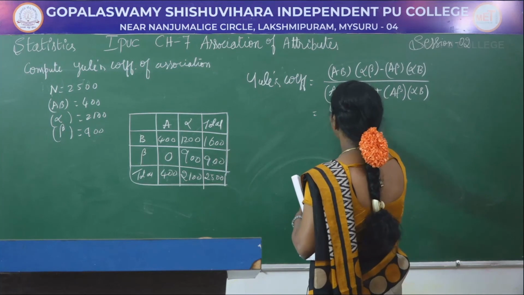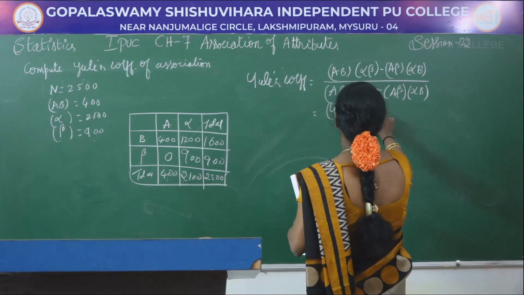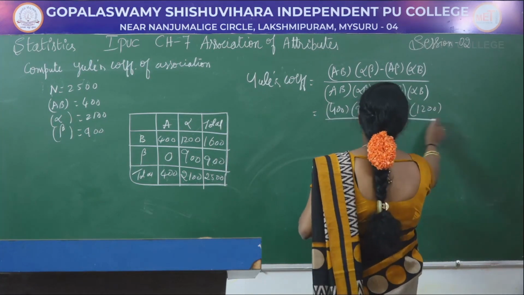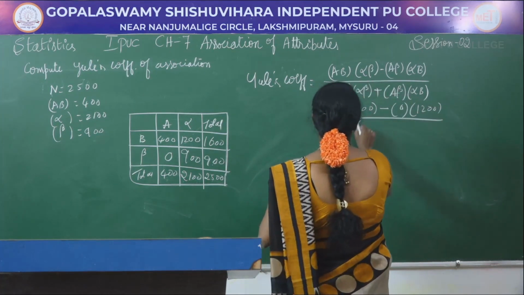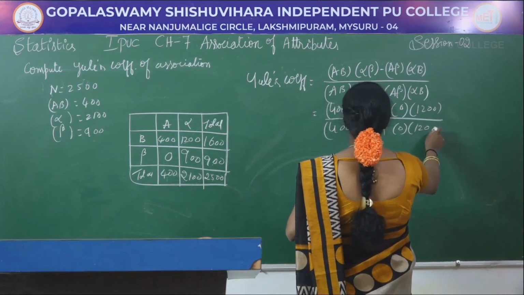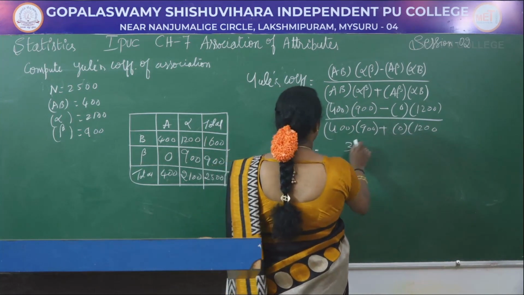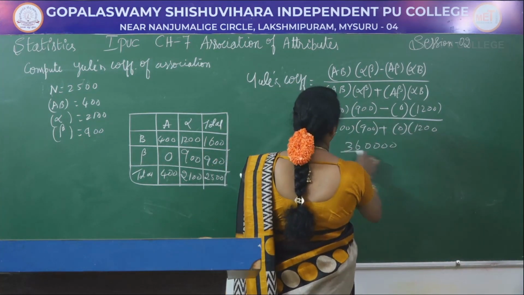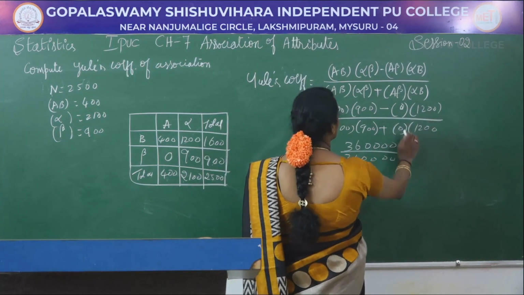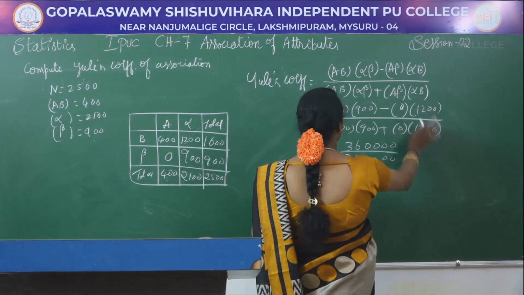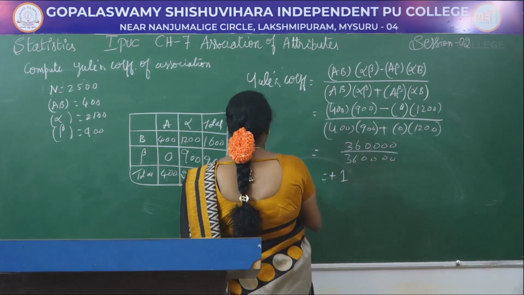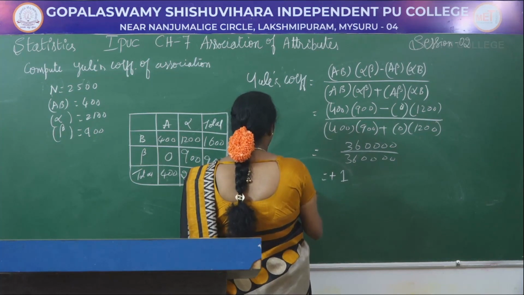AB, it is 400 into 900 minus 0 into 1200 divided by 400 into 900 plus 0 into 1200. 0 into anything will become 0 in both numerator and denominator. So this is 1, positive 1. This is your Yule's coefficient.